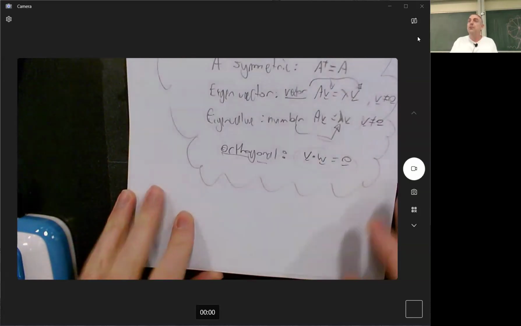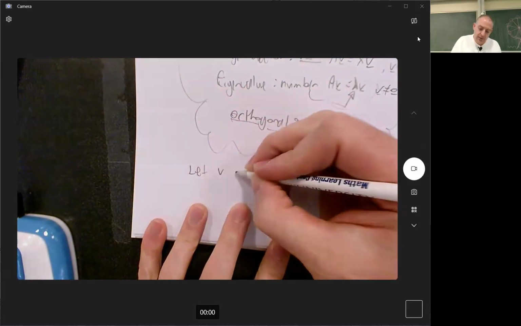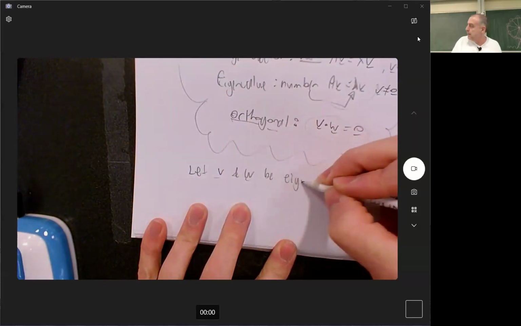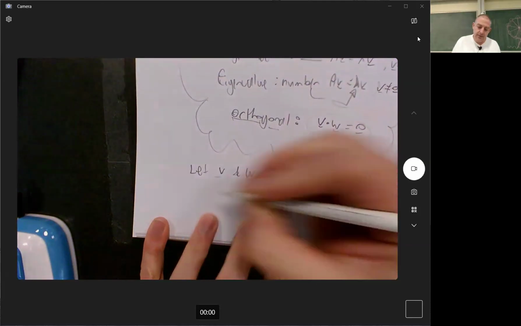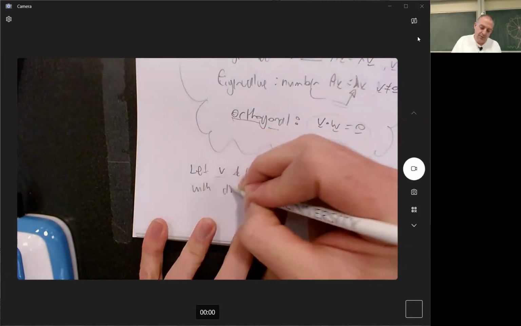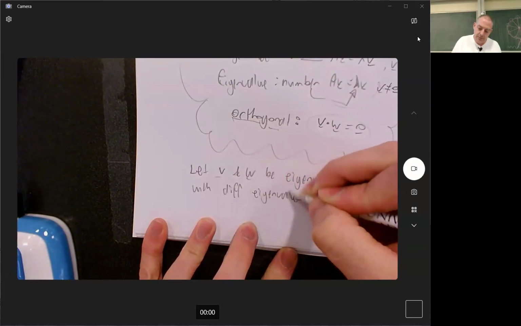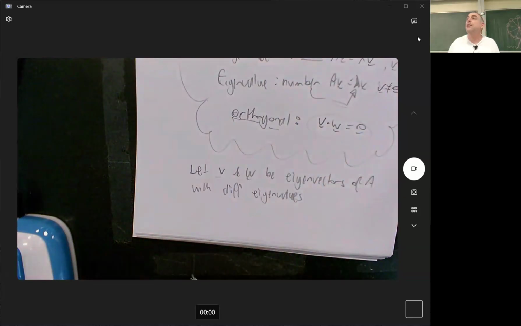So my proof begins: let V and W be eigenvectors of A with different eigenvalues.